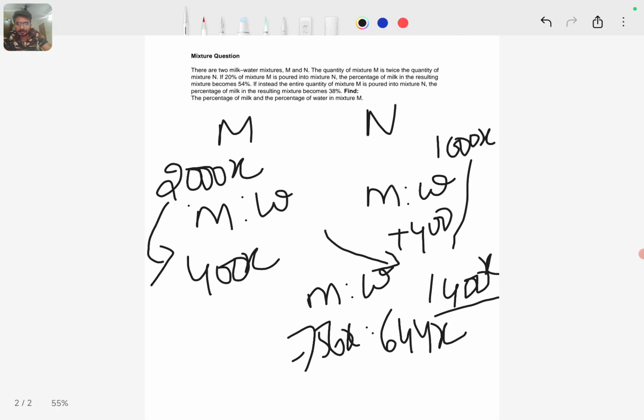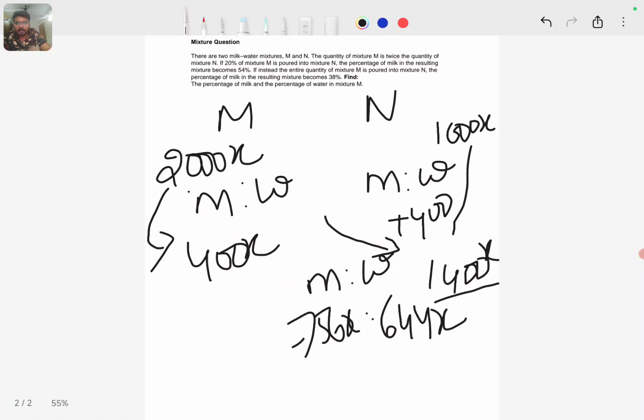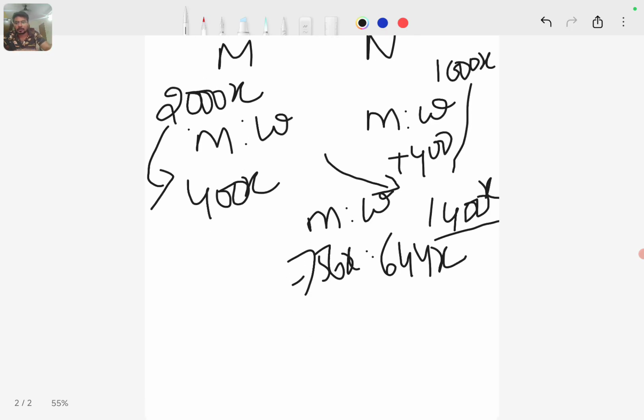Now if instead the entire quantity of mixture M is poured into the mixture N. Earlier we poured only 20%.